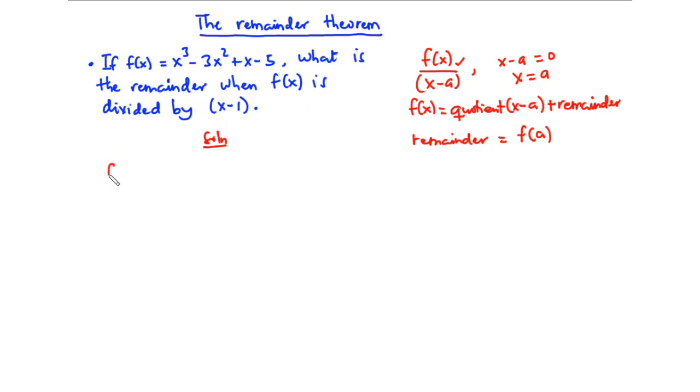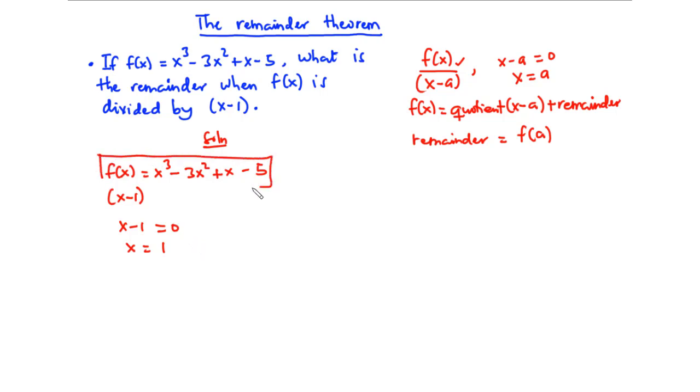So we have f of x as x cubed minus 3x squared plus x minus 5, and then it is divided by x minus 1. So we are going to use this approach. We are going to equate x minus 1 to 0. We have x is equal to 1. Then we are going to substitute 1 in place of x into this polynomial function.